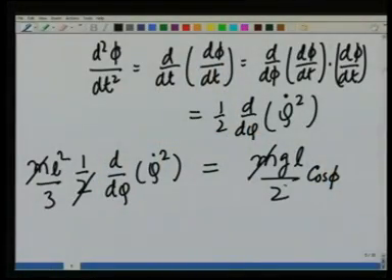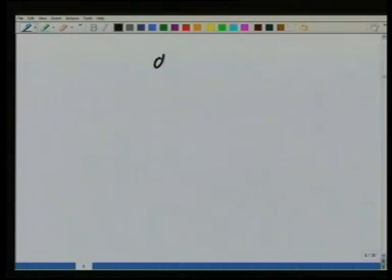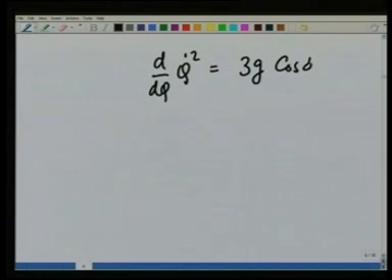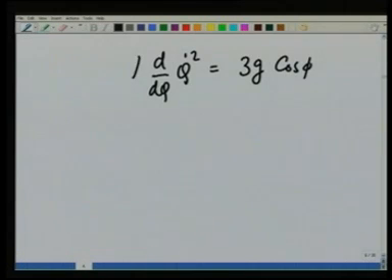The m cancels, this 2 cancels, one of the L's cancels, and therefore, I get d over d phi of phi dot square is equal to 3 g cosine of phi, and therefore, integrating, which is d phi, phi dot square equals 3 g cosine of phi. There is an L also here, which I can write here.